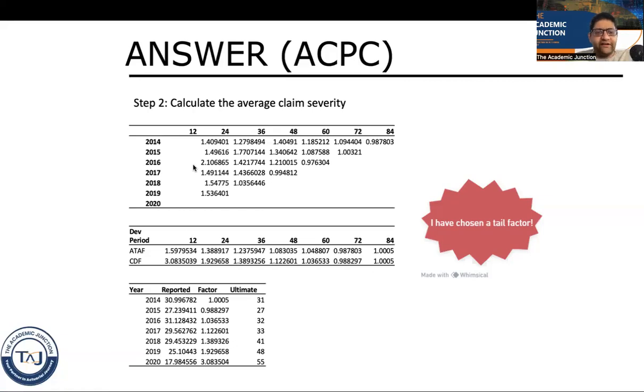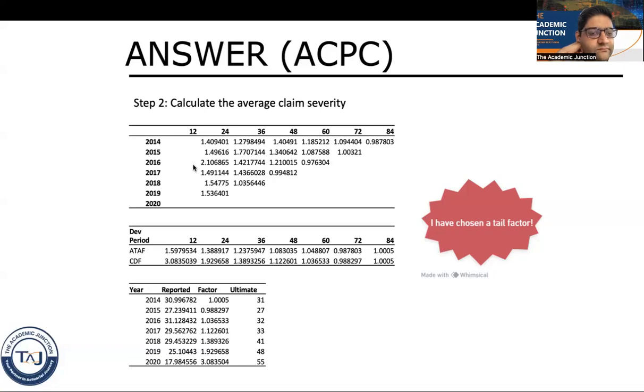Is your factor correct? Yes, the factor is correct. Just a minute. No, there are differences in factors. The last 0.98 is correct. Before that, mine is 1.05. Before that, 1.07.